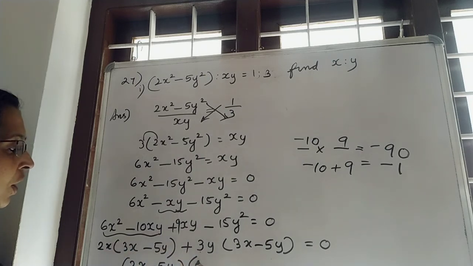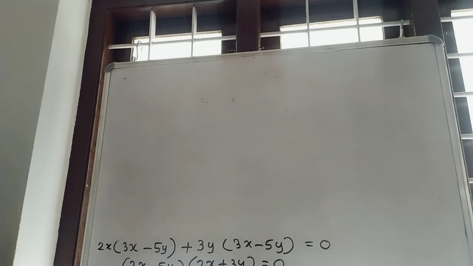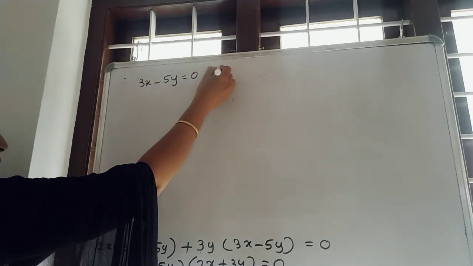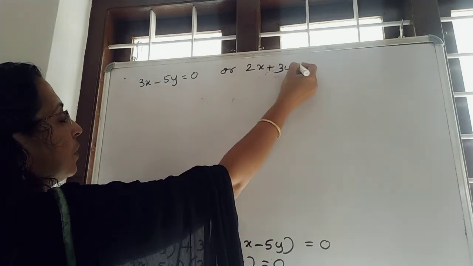Remaining will be (2x + 3y) equal to 0. Then (3x − 5y)(2x + 3y) = 0 means either 3x − 5y = 0 or 2x + 3y = 0.